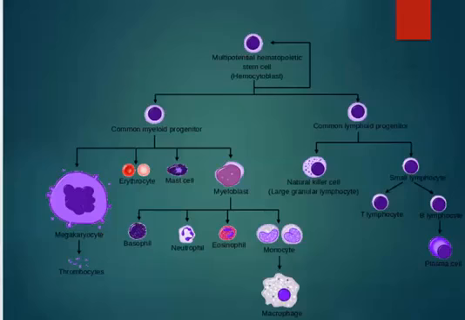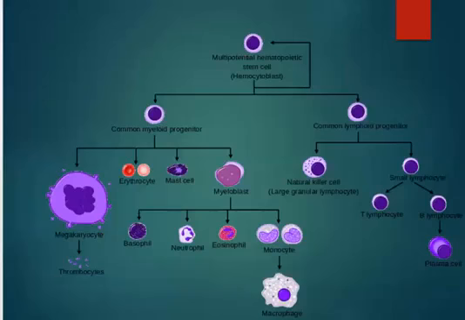Talking a little bit about the agranulocytes, they're also known as mononuclear leukocytes, as they have a one-lobed nucleus. And they're characterized by the absence of granules in their cytoplasm, which distinguishes them from granulocytes, as I just talked about.